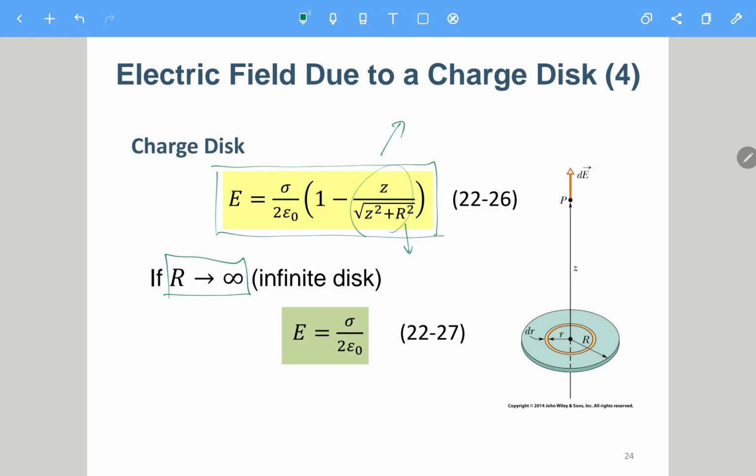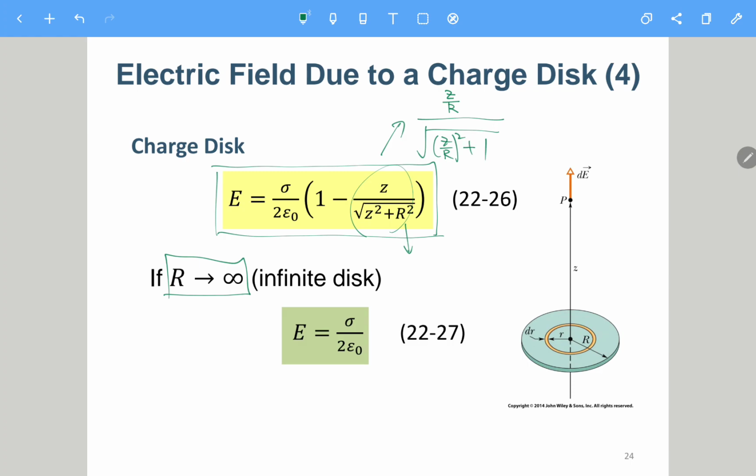So let's divide by capital R on both the numerator and denominator. So we have z over capital R, and then over the square root of c over R quantity squared plus 1.